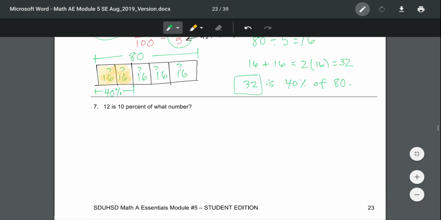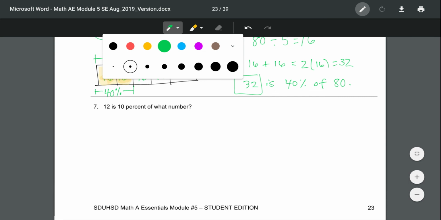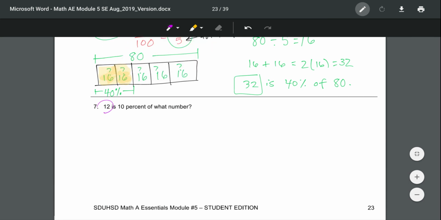Okay, number 7. 12 is 10% of what number? So we don't know the total value of our bar model. That's what we're trying to figure out. So 10% would be 10 out of 100, which reduces to 1/10.